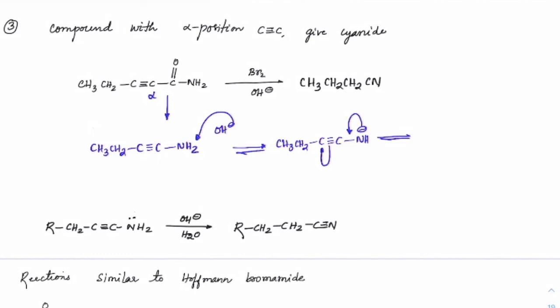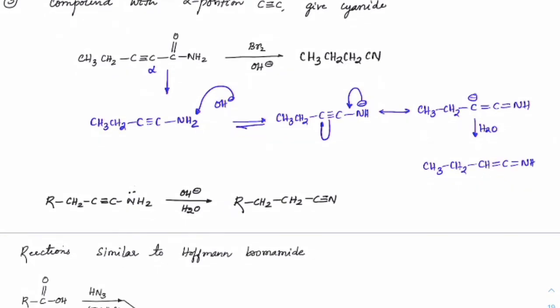So we'll get CH3, CH2, C minus double bond C double bond NH, and this on hydrolysis will become CH3, CH2, CH double bond C double bond NH. Imagine this happens one more time.